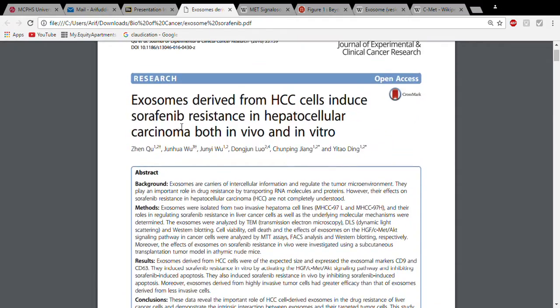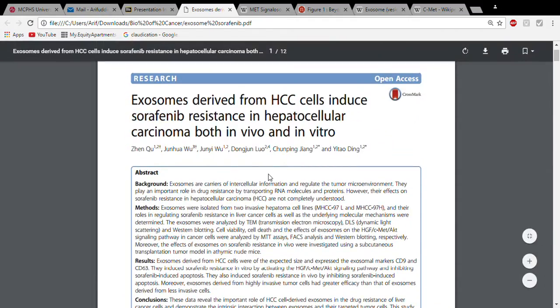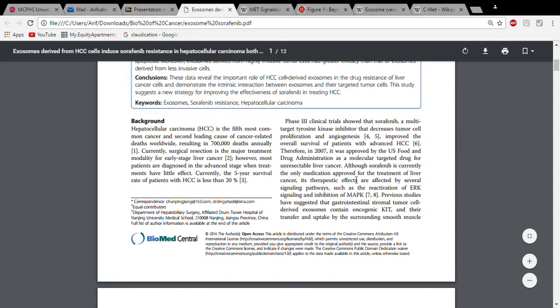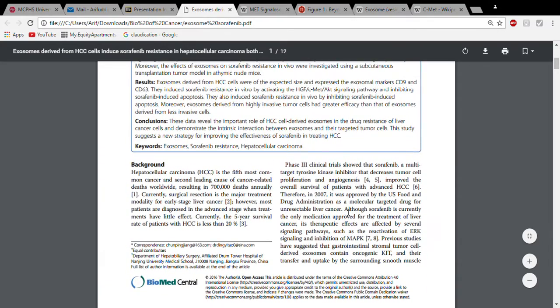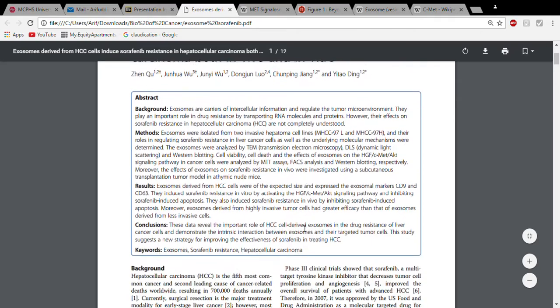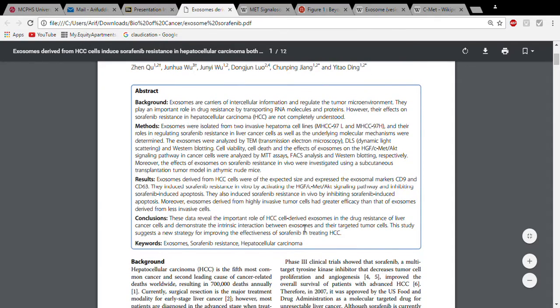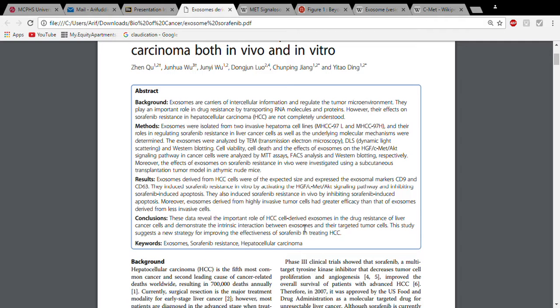The drug here, sorafenib, is cited as currently the only medication approved for the treatment of liver cancer. So anything that would build up a resistance to it or inhibit it would be a huge problem.